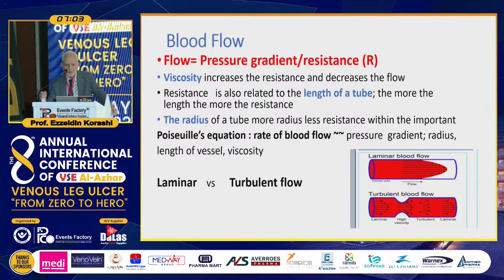So the equation of the flow is called Poiseuille's equation. It means that the rate of the flow is dependent on the pressure gradient, radius, length of the vessels, and viscosity.